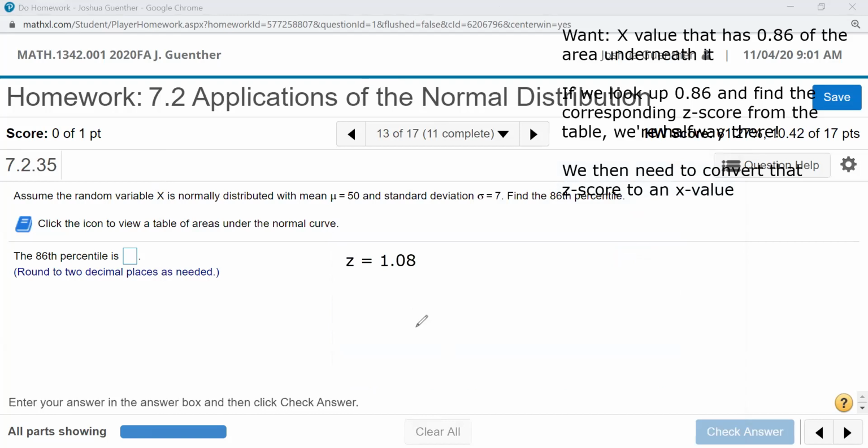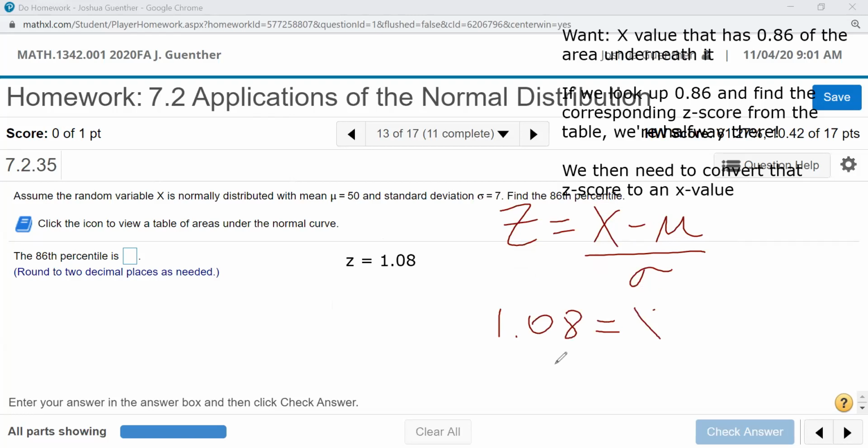Next, I need to use the z formula. But instead of plugging in x, I actually have a z-score and I need to solve for x. But that's okay. We know how to solve simple linear equations like that. We're going to set 1.08, the z-score we found from the table, equal to x minus mu, which is told to us to be 50, over sigma, which is told to us to be 7.